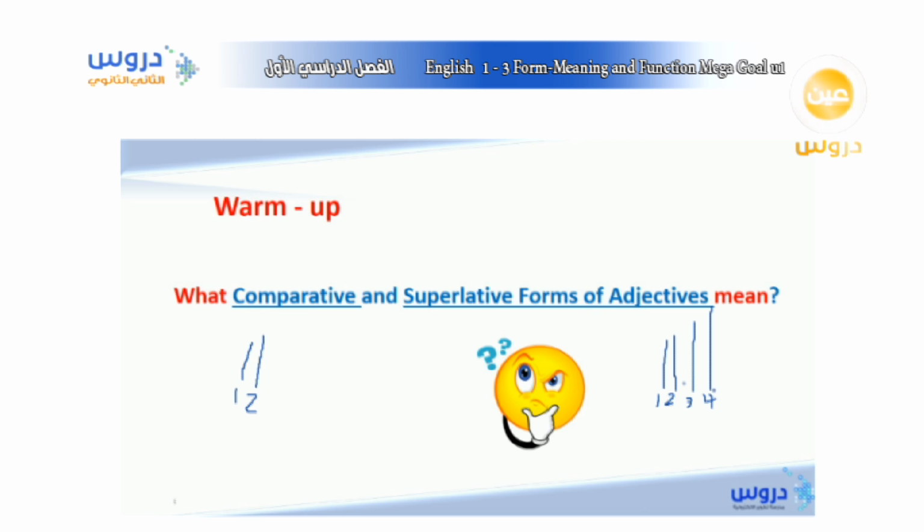Here, this is superlative. We are using the superlative form. We are comparing between more than two things. And when we compare between two things, we call this the comparative form of adjectives.